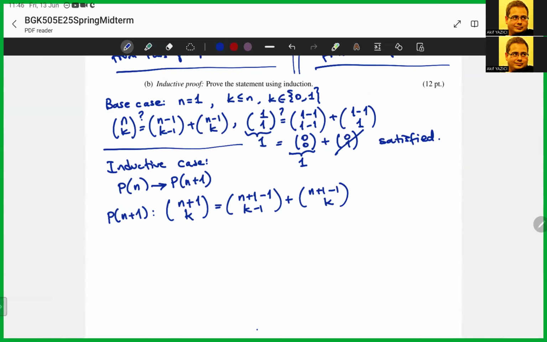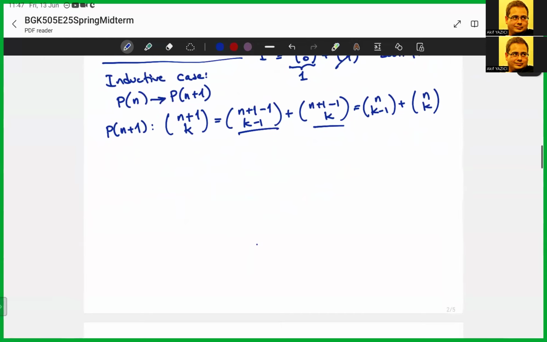Okay. And therefore, rewriting these, I have n choose k minus 1 plus n choose k. Okay, this is the statement: n plus 1 choose k equals n choose k minus 1 plus n choose k.